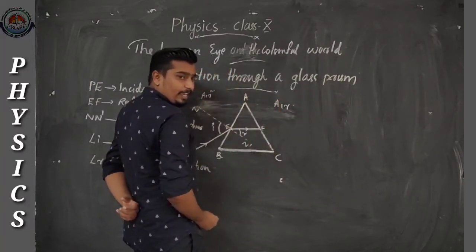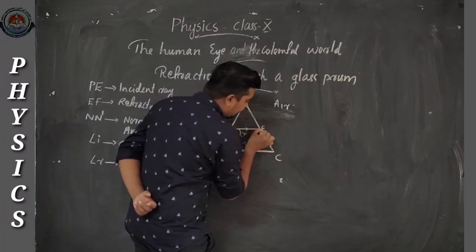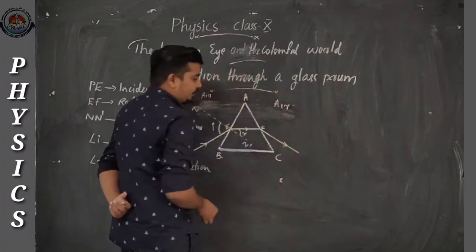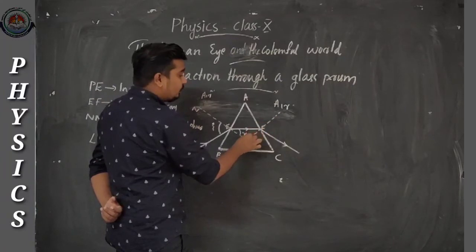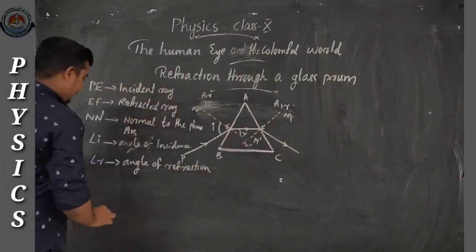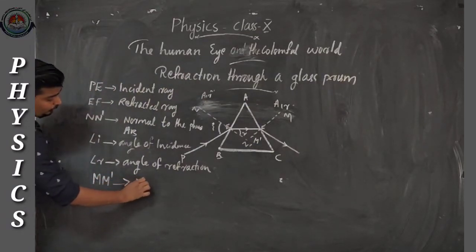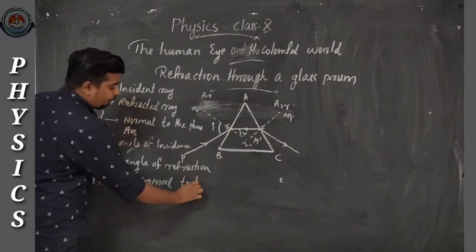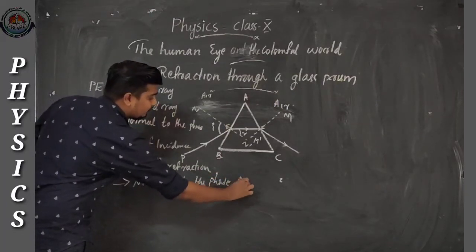At that time the ray is refracted or bent away from the normal. Suppose M dash is the normal to the face AC.